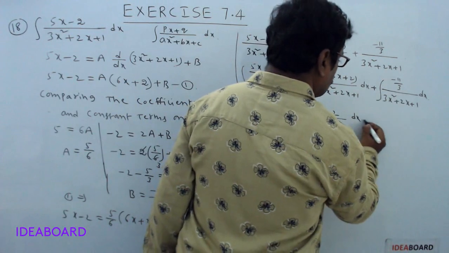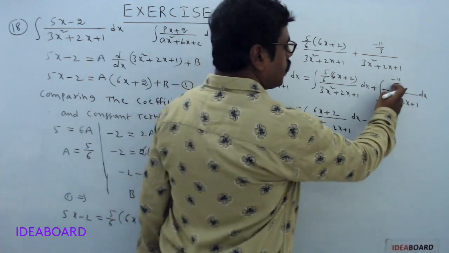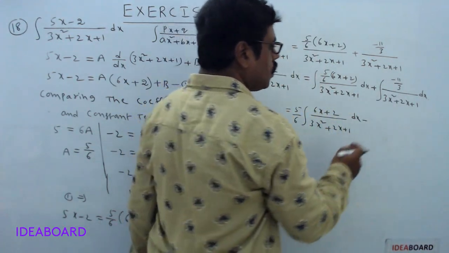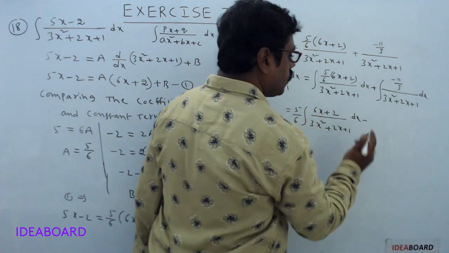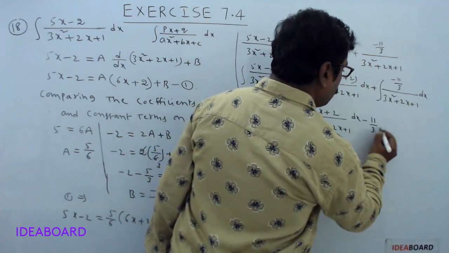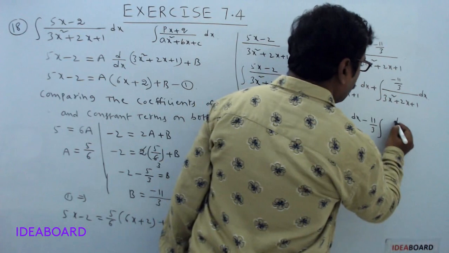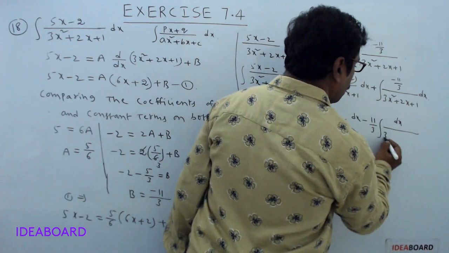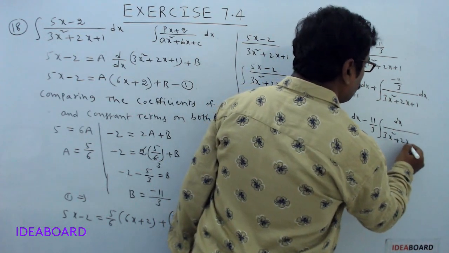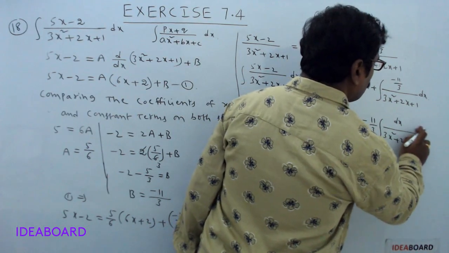Plus into minus, minus. Here 11 by 3 is the constant term. So you can write it outside of integral. So 11 by 3 into integral dx divided by 3x square plus 2x plus 1.